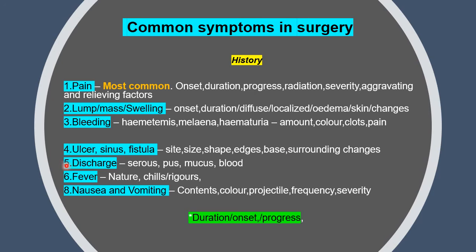Next is discharge, and once there is some discharge, it is important to document whether it is serous, pus, mucus, or blood. Blood-stained discharges are always very significant because it could be the precursor to a malignant lesion underneath.